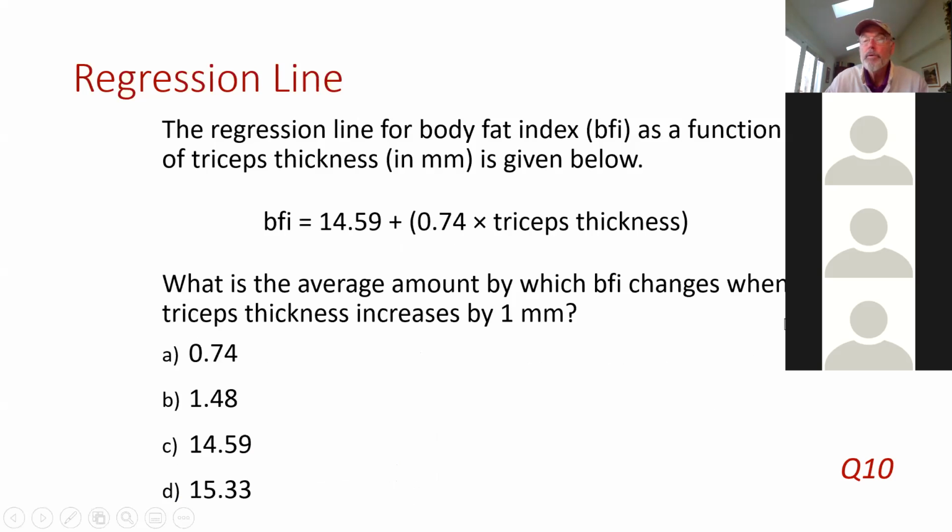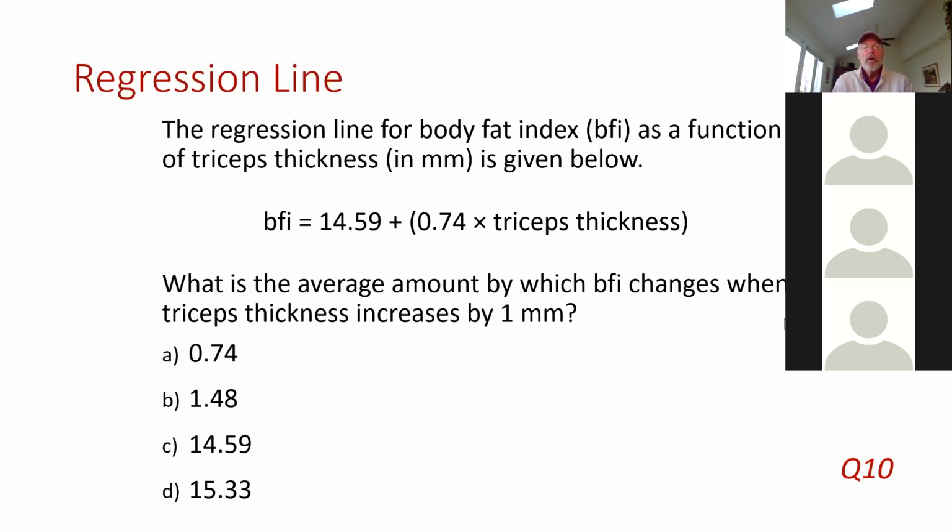How about this one here? What is the average amount by which BFI changes when triceps thickness increases by 1 millimeter? D. Got that one.